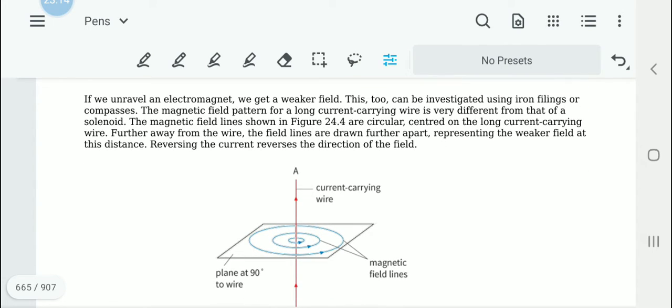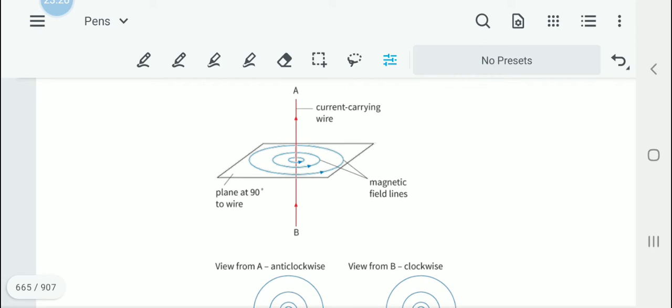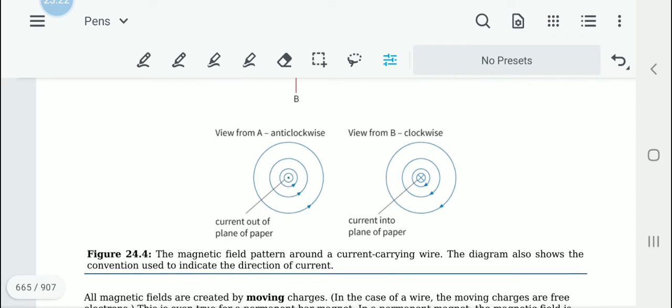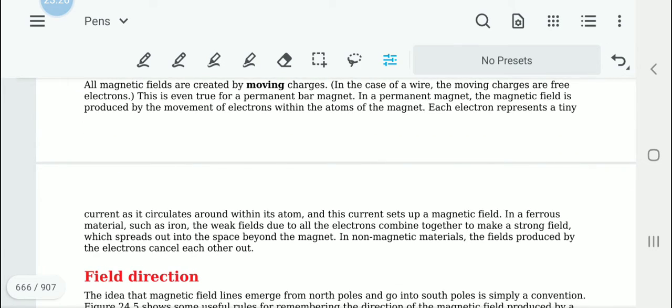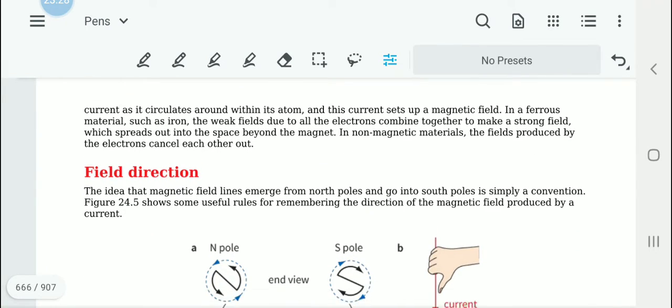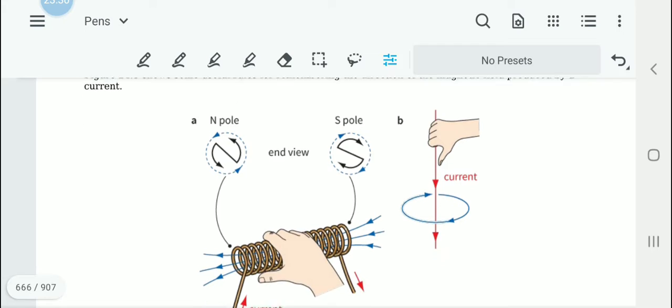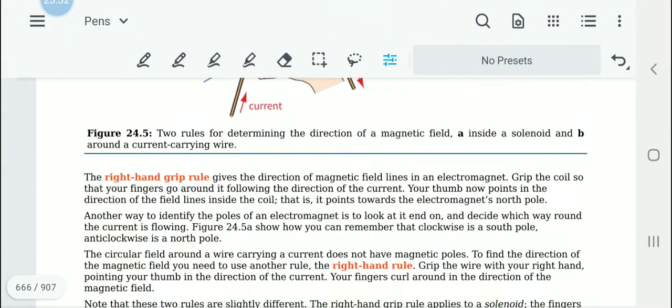When electricity passes through a straight wire, we can figure out the direction of the field by using the right hand rule.